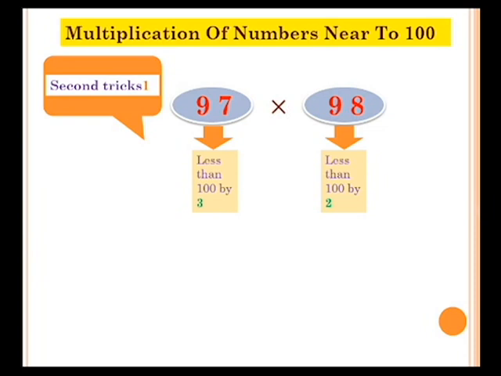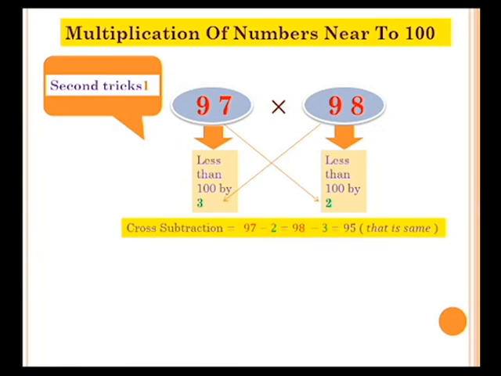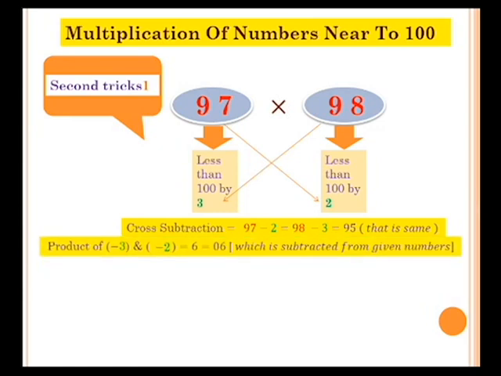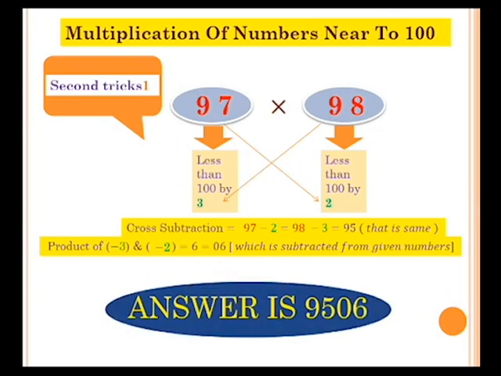So we take the cross subtraction of these two numbers, that is 97 minus 2 equals 98 minus 3, we get 95, that is the same. Then take the product of 3 and 2, that is 6, and write it next to each other, that is 9506.